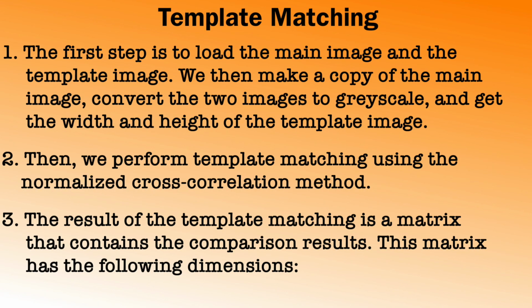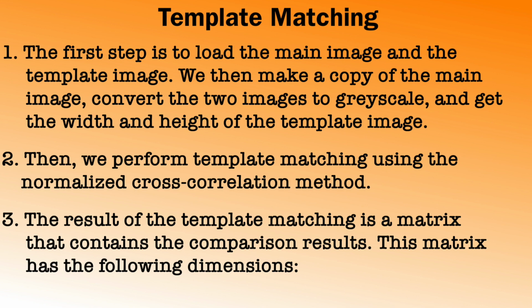Template matching. The first step is to load the main image and the template image. We then make a copy of the main image, convert the two images to grayscale and get the width and height of the template image. Then we perform template matching using the normalized cross correlation method.